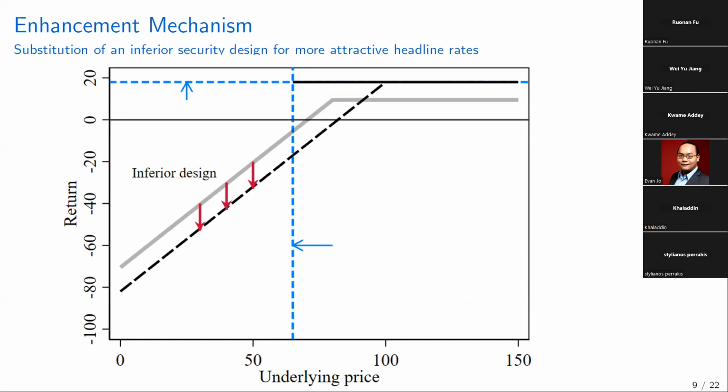So here I understand your argument, but it seems that inherently, to be talking about inferior design, you have to talk about the weight of those states of the world or the likelihood of those states of the world, right? Because if you're looking under the barrier that is now at 35% rather than 20, on that part, this new product offers more.